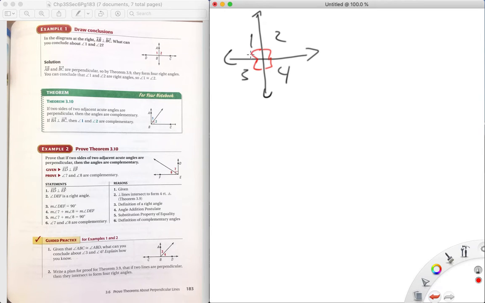I know that perpendicular means that they're 90 degrees, so I can say, using the definition of perpendicular lines, that one of these guys is a right angle, and I can use various things to say that they're all right angles. So that's the interconnection between perpendicular and right angles that we already have been given before.